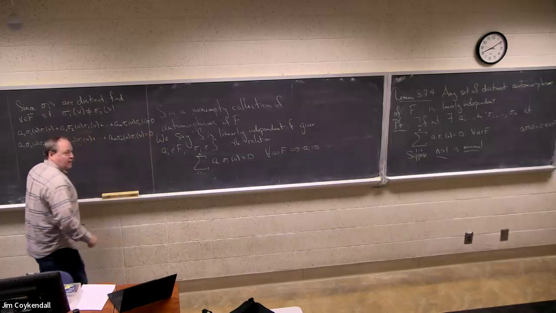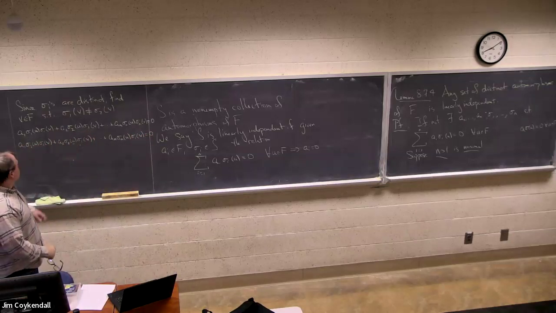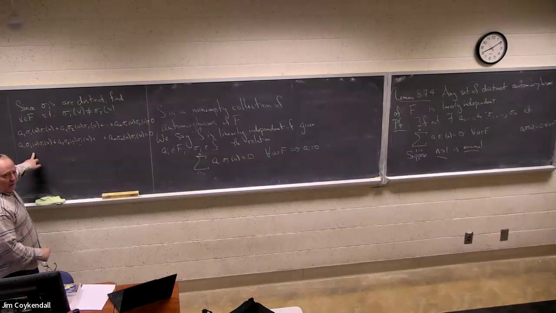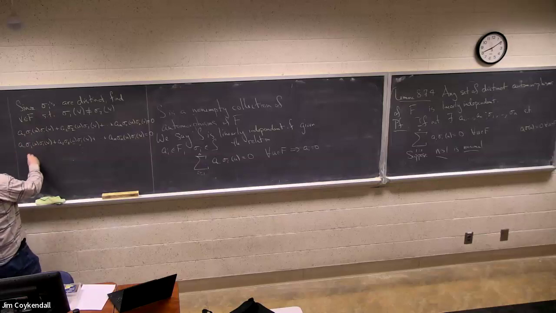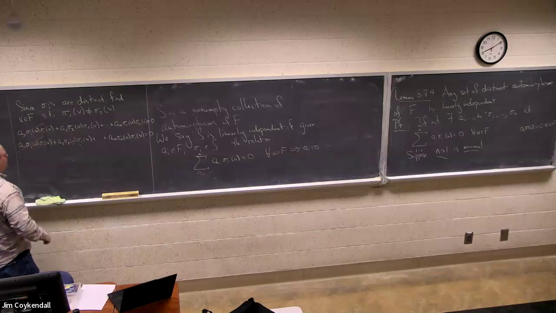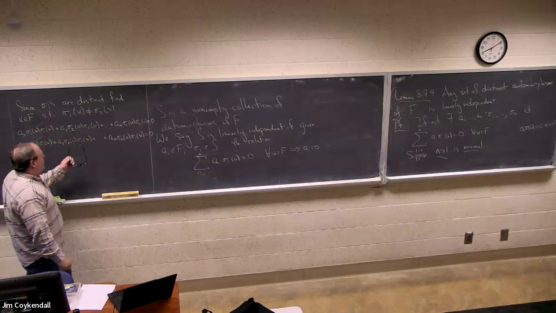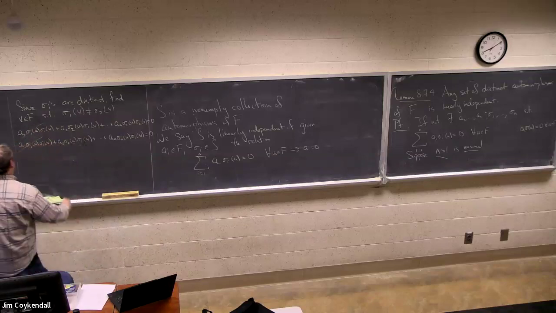That's also equal to 0. And as you might guess, what I'm going to do is subtract these two. Notice if I subtract these two, the first terms are the same.